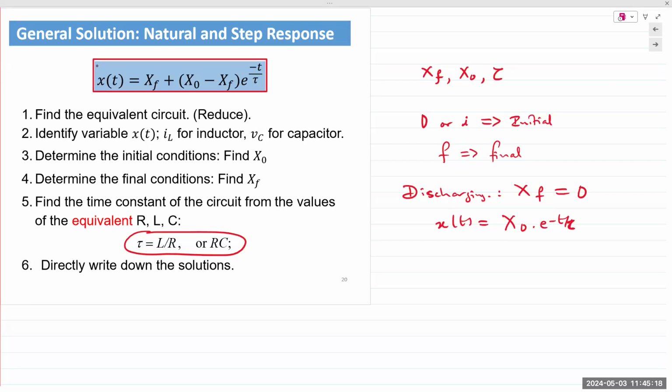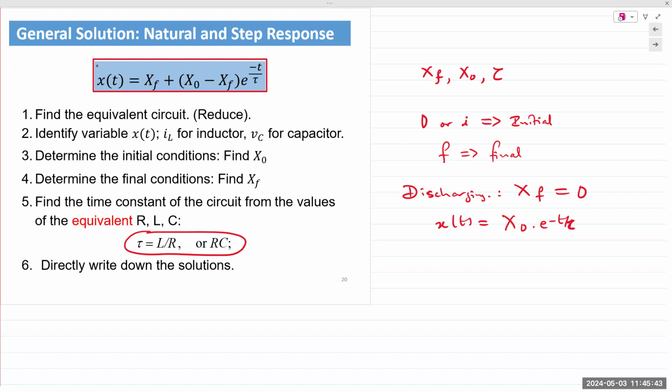It's very important. For non-E major classes, I will not give you those kinds of problems, but it's still a concept you should understand as an engineer. That's why the equation for the natural response does not contain xf, because xf is always 0. For everything else, you have a value for xf, and you always have a value for x0.